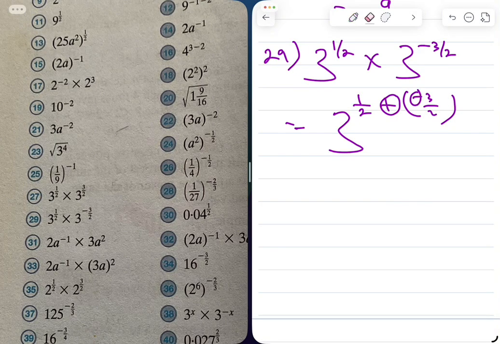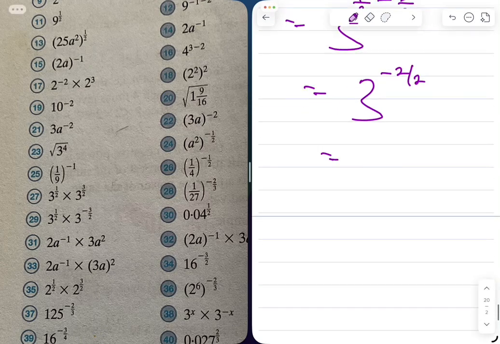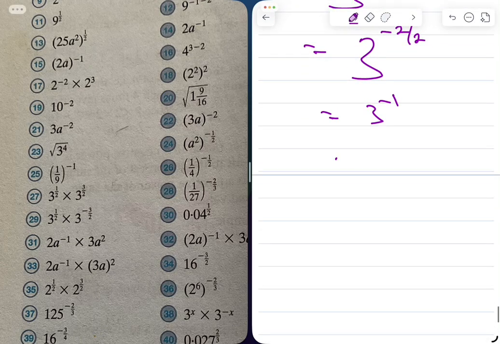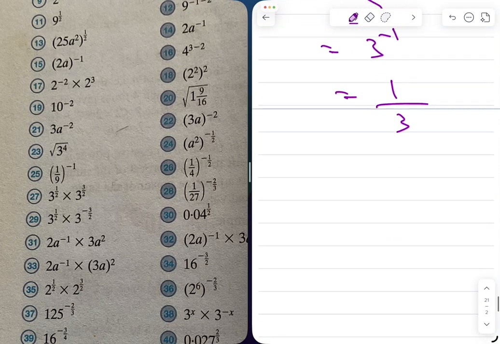So that's the same as 3 raised to power 1 over 2 minus 3 over 2. And that simply means 1 over 2 minus 3 over 2 is minus 2 over 2. 3 raised to power minus 2 over 2, which is the same as 3 raised to power minus 1. And that simply means 1 all over 3 raised to power 1, which is simply 1 over 3.